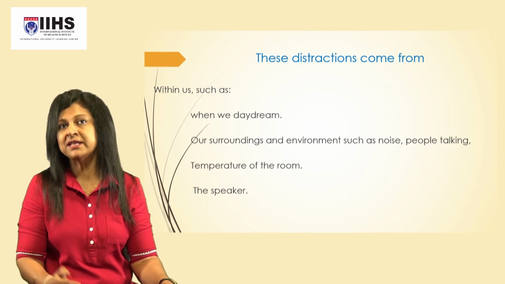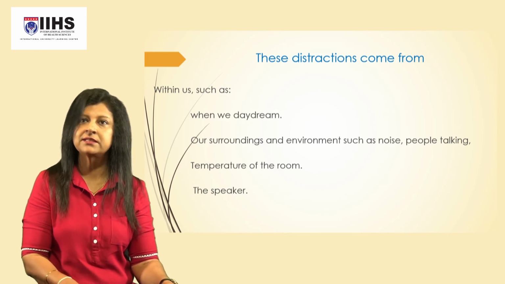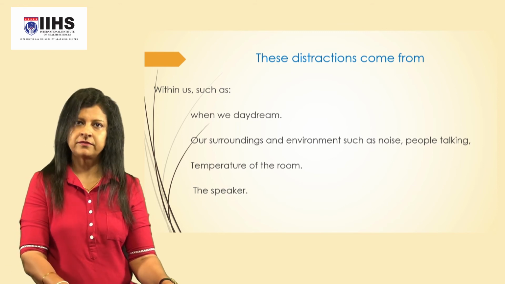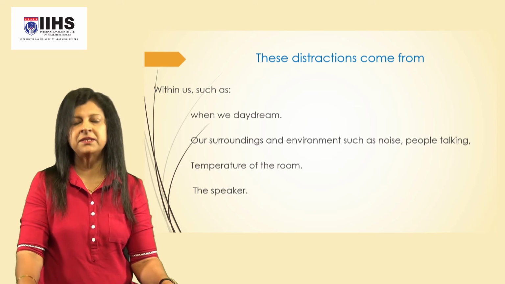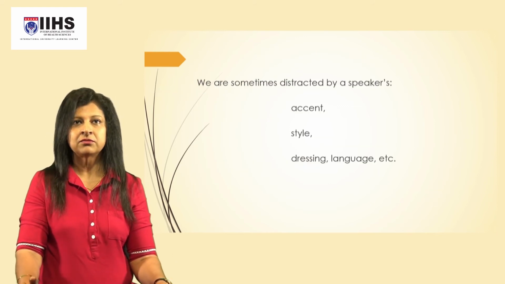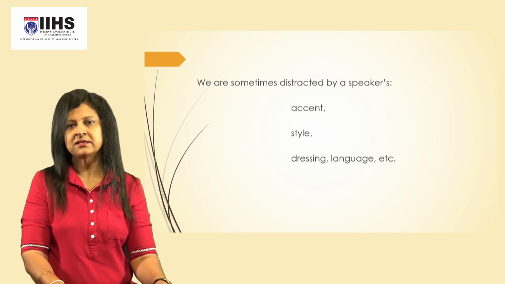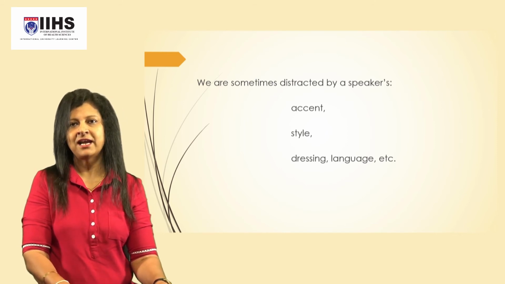Sometimes we daydream, and also our surroundings and environment, such as the noise where people are talking, and the temperature of the room, also affect us a lot. And also the speaker, I mean the way the speaker presents himself. We are sometimes distracted by the speaker's accent, sometimes the style, sometimes the dressing, and also the language.